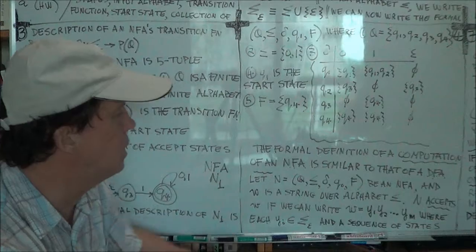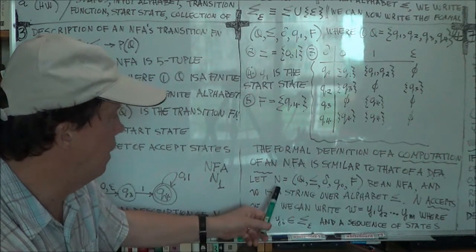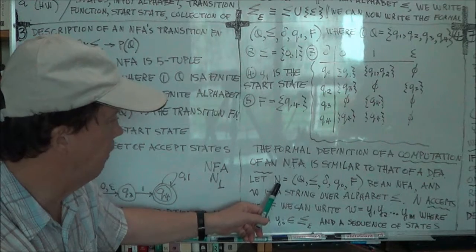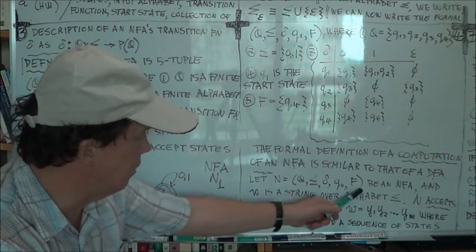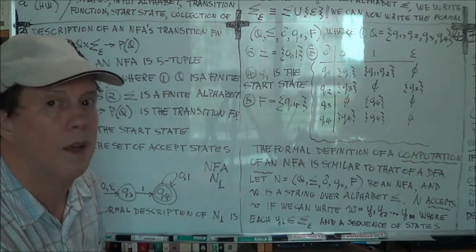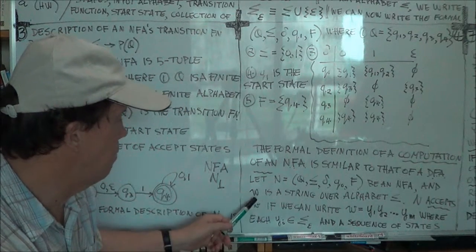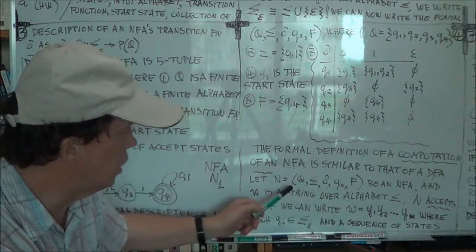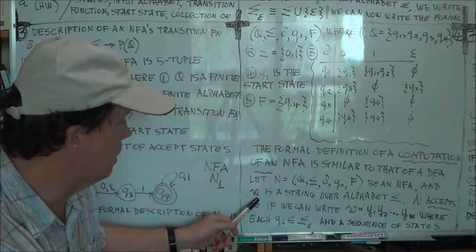How do you define a computation? Well, again, it's pretty similar. So let the NFA that you're talking about be written in a formal description this way. The usual 5 tuple, these 5 things. Okay, and let the input string to this machine, this automaton, this NFA, be W.